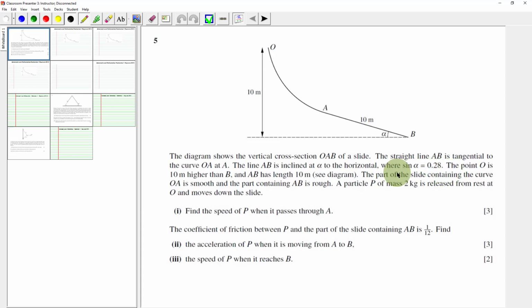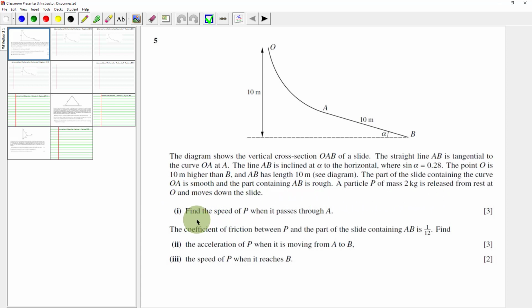The point O is 10 meters higher than B, and AB has a length of 10 meters. The part of the slide containing the curve is smooth, and the part containing AB is rough. A particle P of mass 2 kg is released from rest at O and moves down the slide.